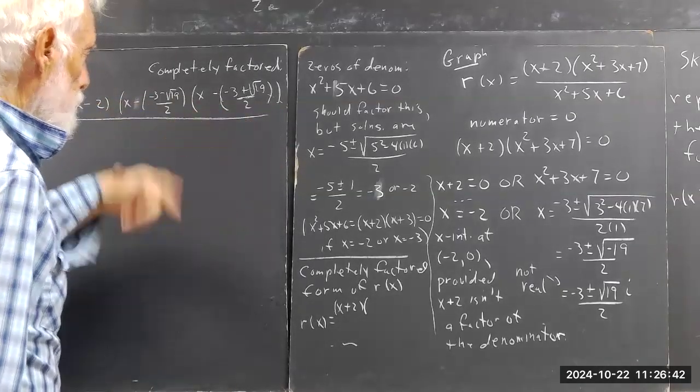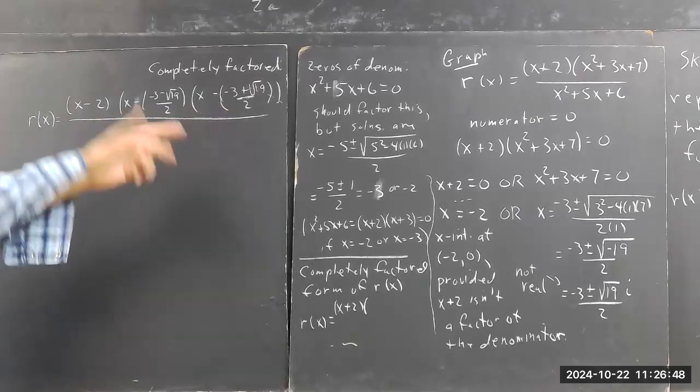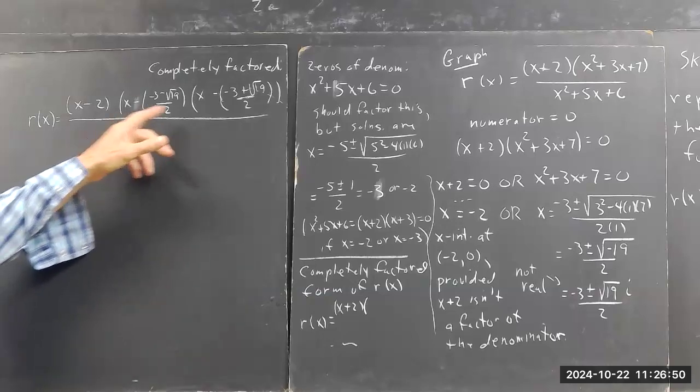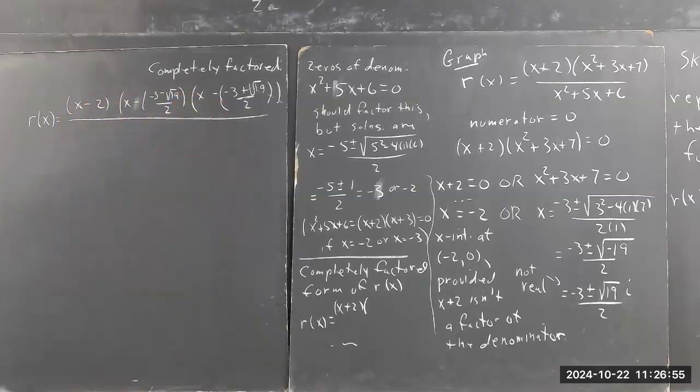Now I write this out because we've done complex zeros, I think, and you've probably seen them in pre-calculus. So this is the completely factored form.